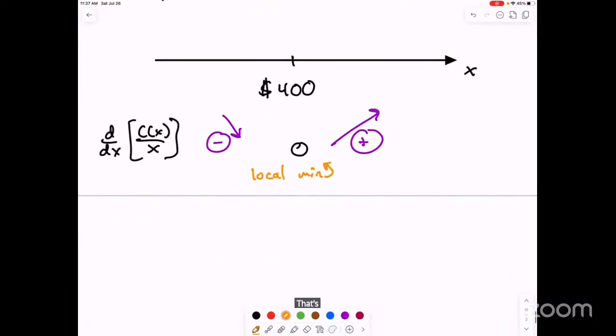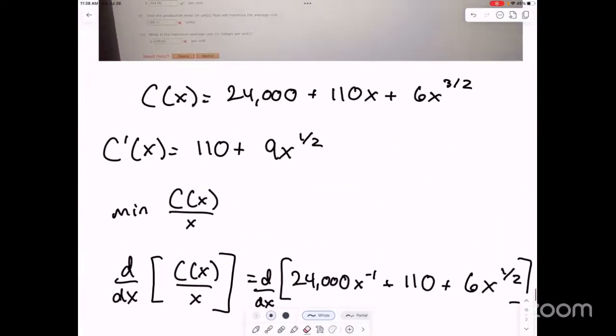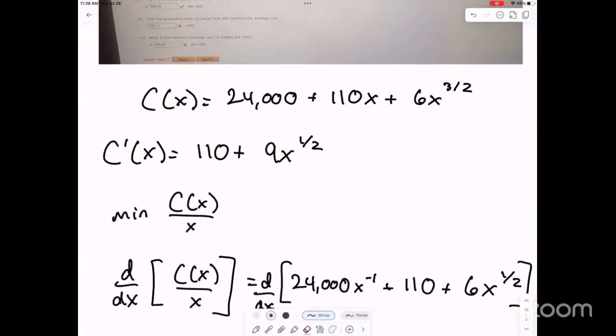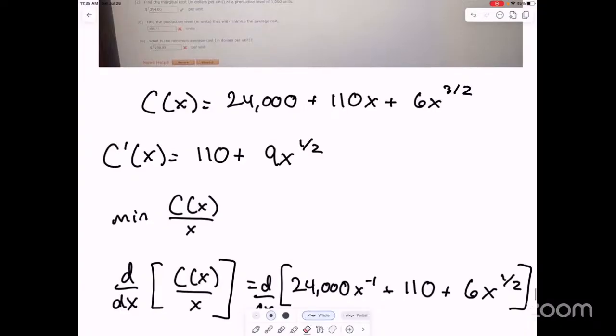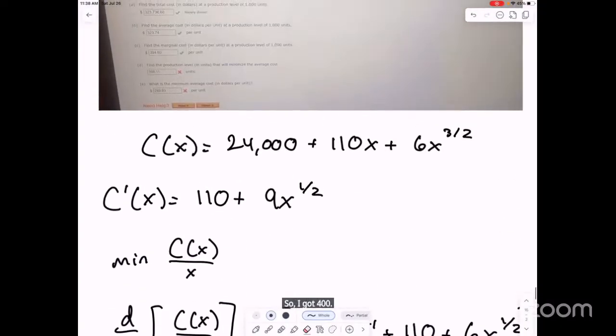That's not dollars. That's 400 units. That will minimize the cost. So I got 400 units.